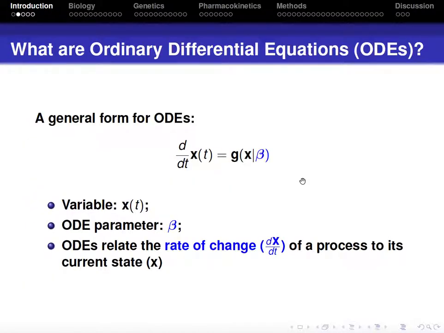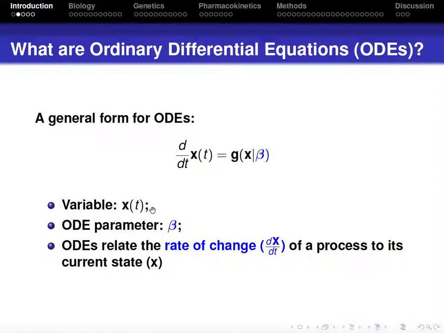So here is a general form of ordinary differential equations. Basically, this is the equation, right? On the left side, we have the derivative of x with respect to t, and on the right side is the function g, which is a function of x. Suppose we have a function x of t.